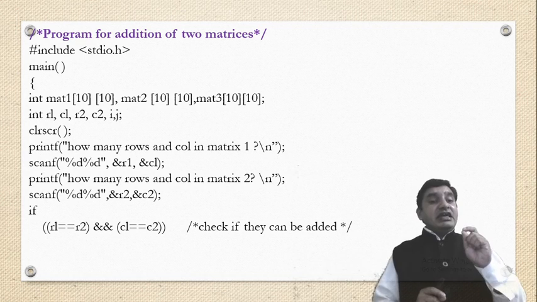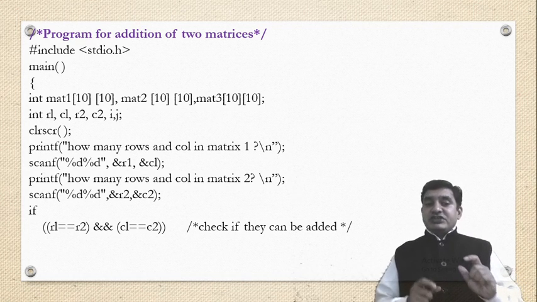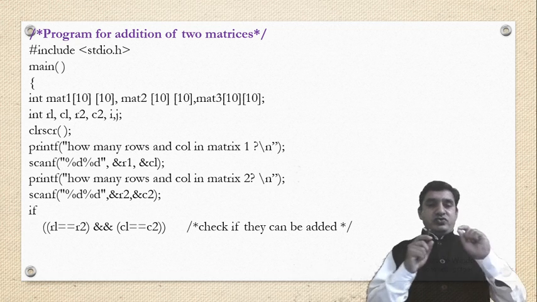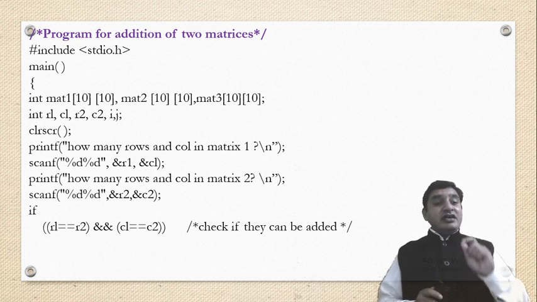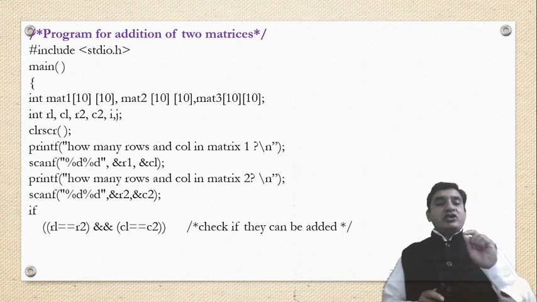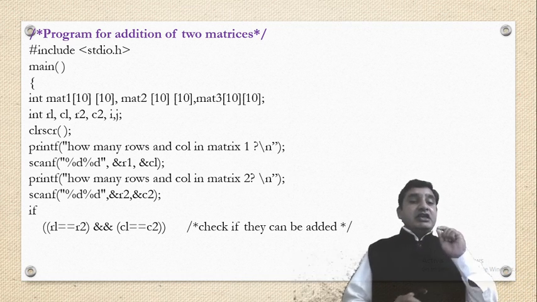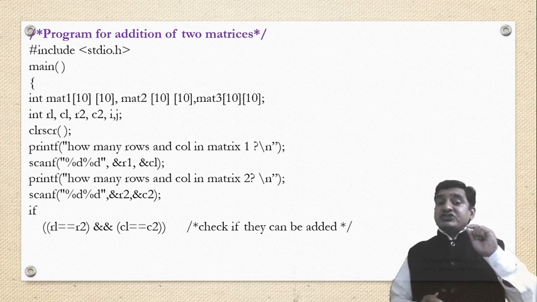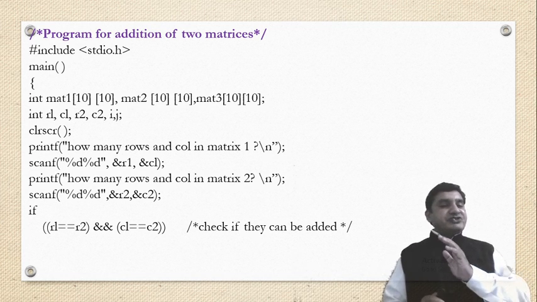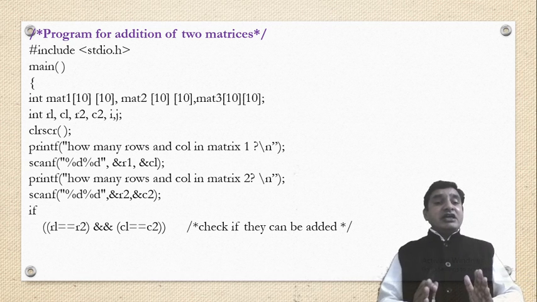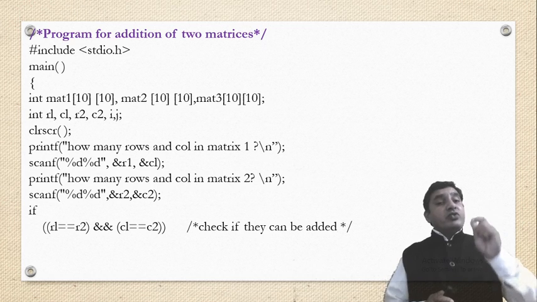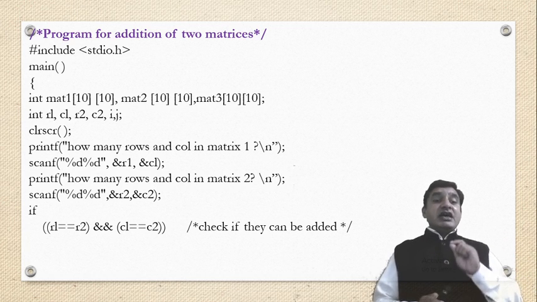So that if condition is true. If the number of rows of the first matrix is equal to the number of rows of the second matrix, and the number of columns of the first matrix is equal to the number of columns of the second matrix, both conditions are satisfied, then we can add these two matrices.